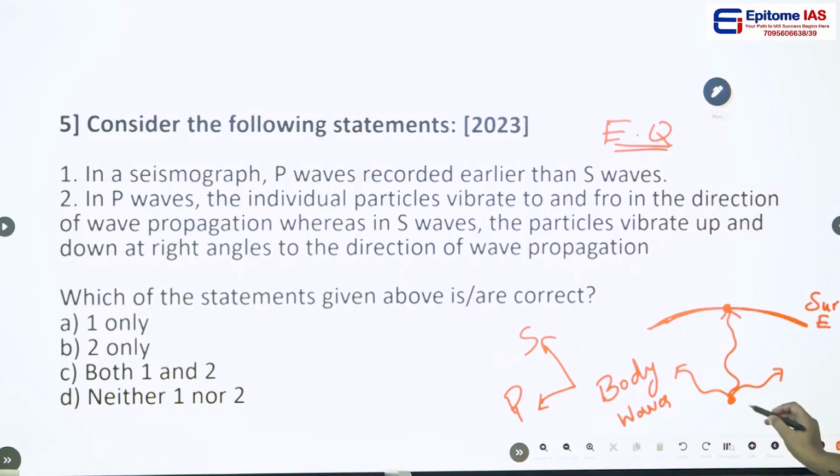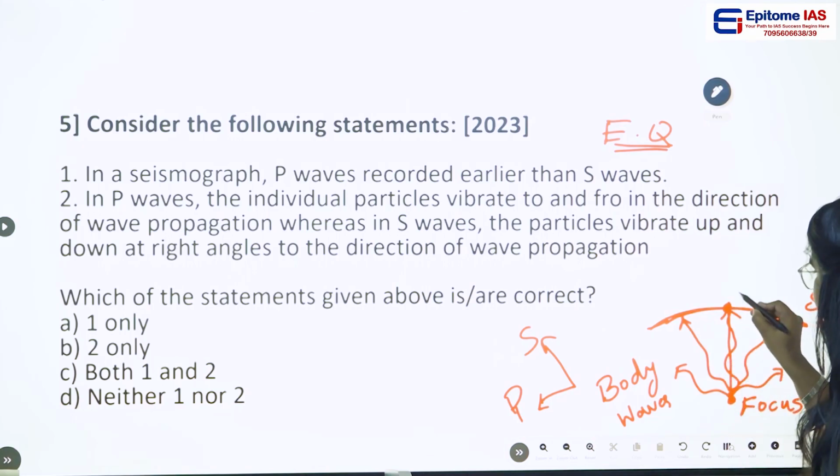This particular point where the earthquake started, where the rupture of rock happened, is called the focus. The body wave reaches the surface of the earth in all directions, but the shortest distance between the surface of the earth and the focus is what is calculated.